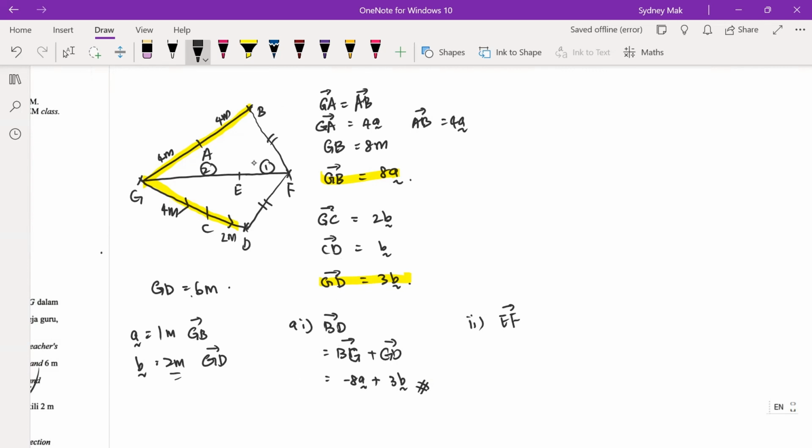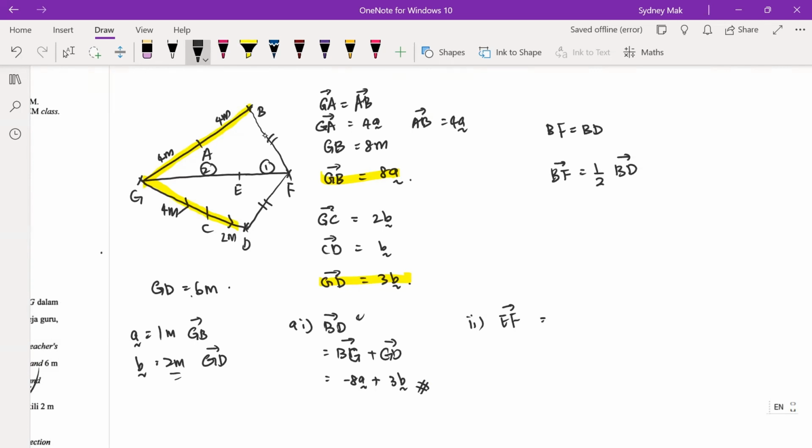B to F is actually half of BD, isn't it? The distance. So we know that BF equals half of BD in terms of length, and therefore, in terms of vector, BF will be half of BD.